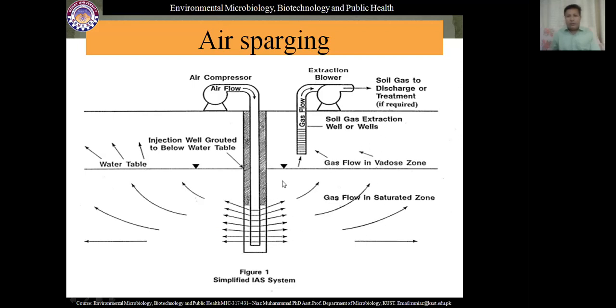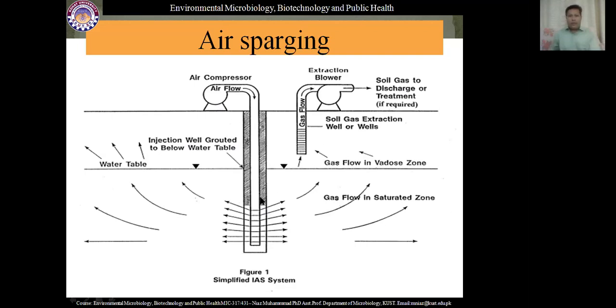With less concentration, its toxic effect can be lesser and lesser. So this technique by which we can reduce the pollutant concentration at the site of the accident or the site of the spill is called air sparging. But compared to bioremediation, this is a little bit expensive.